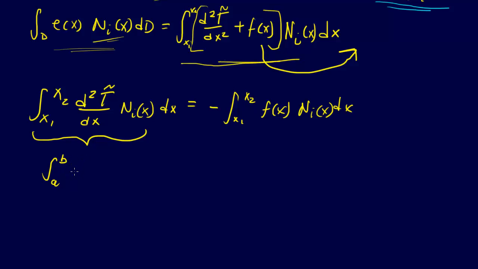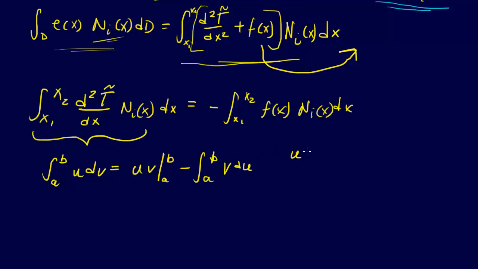The integral from a to b of u dv is equal to u times v evaluated at a and b, minus the integral from a to b of v du. And the tricky part here is always picking your u and dv.